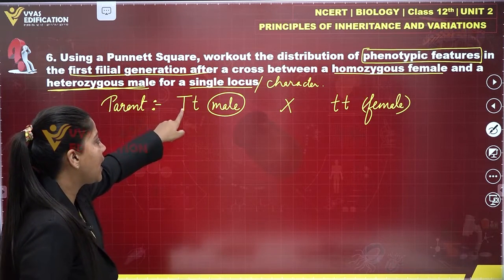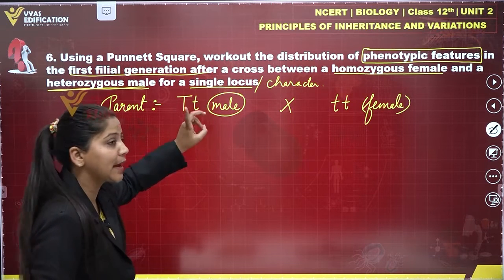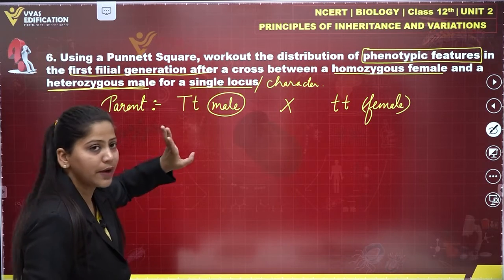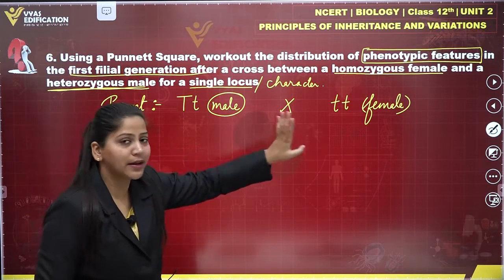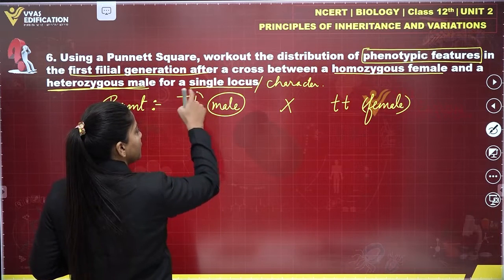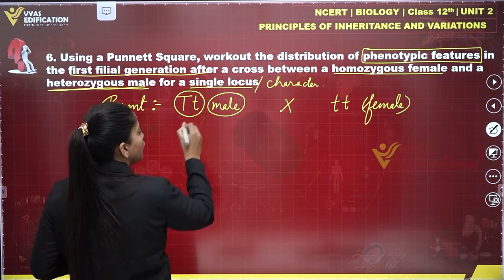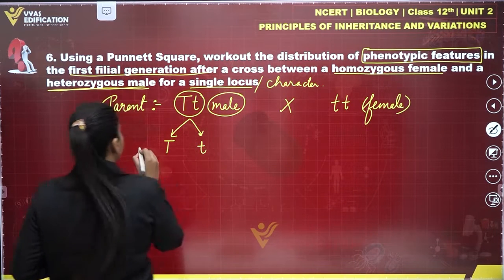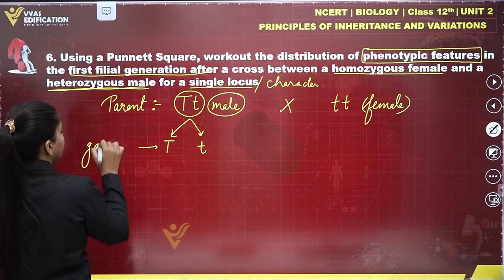So we have taken a heterozygous male and a homozygous female, and the character we are choosing is height. These are going to make gametes, as we know that this heterozygous pair is going to make two types of gametes, capital T and small t. These are gametes.